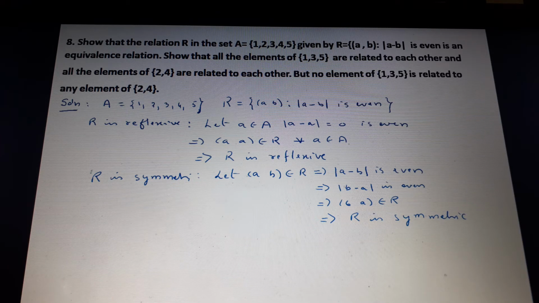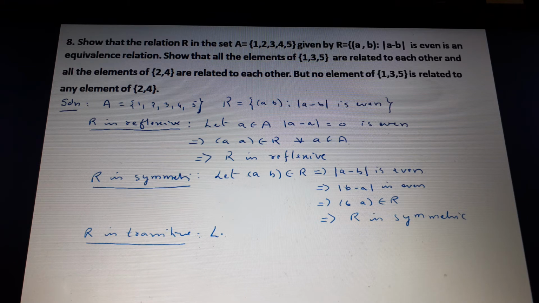Now we have to show the last one. So we have proved R is symmetric, R is reflexive. I have to show the last one, R is transitive. So what is the procedure for proving transitive?